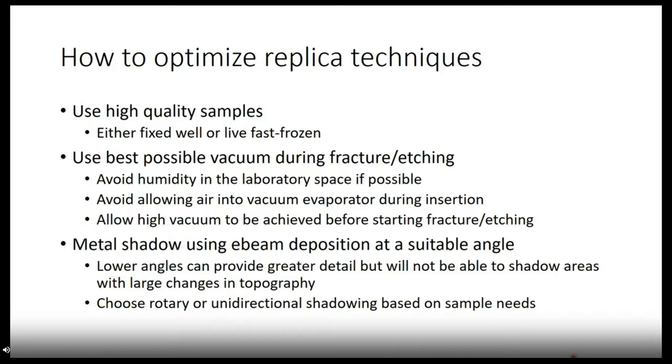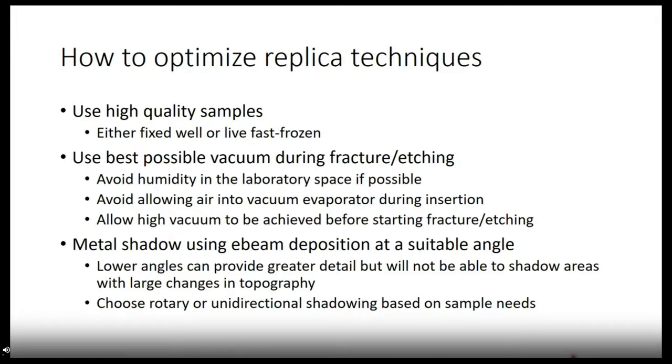And the second part is where a lot of problems often occur. While we're sublimating water away in etching, we actually don't want a lot of water to get into the freeze fracture apparatus. So in general, it's good to avoid humidity with any cryo workflow, and this is especially the case for freeze fracture. Sometimes you can avoid it and sometimes you can't. In Tennessee, it's a very humid environment.